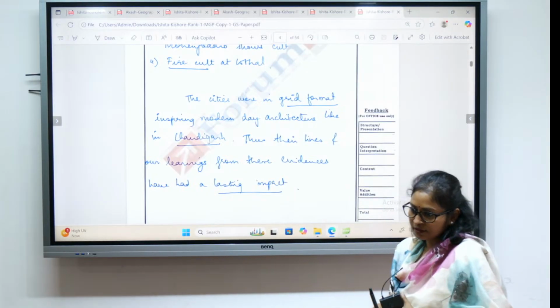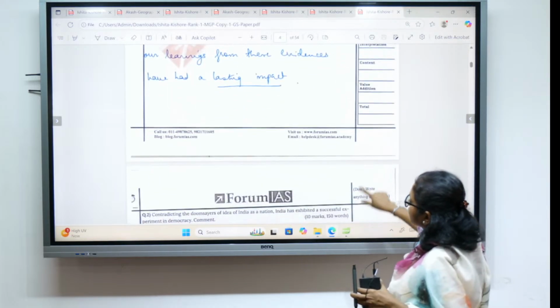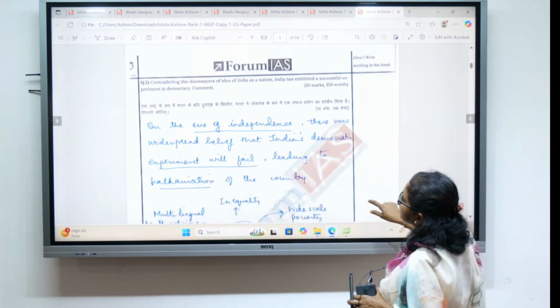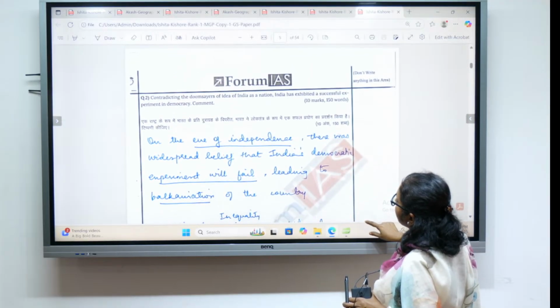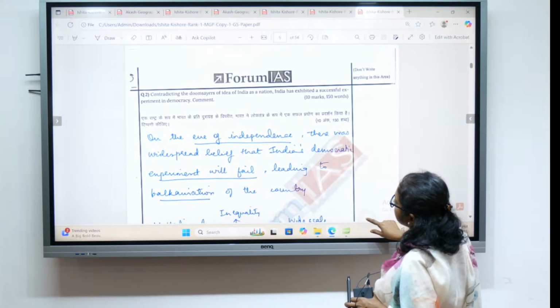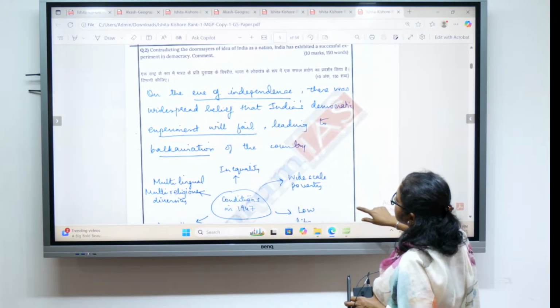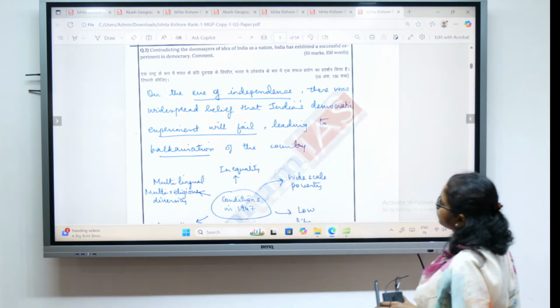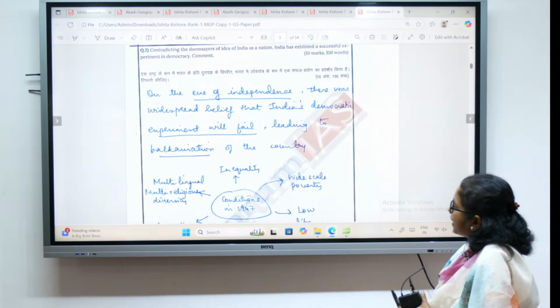You can see the answer. The question: contradicting the doomsayers of the idea of India as a nation, India has exhibited a successful experiment in democracy. Comment. She has introduced it thus: on the eve of independence, there was a widespread belief that India's democratic experiment would fail, leading to balkanization of the country.